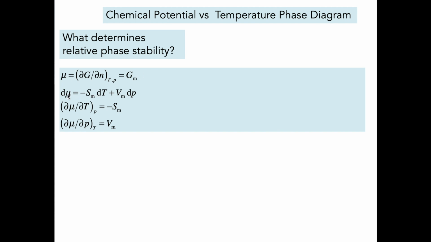And we know how the chemical potential changes with respect to changes in temperature and pressure, right? The partial derivative of chemical potential with respect to temperature, when we keep pressure constant, is equal to minus the molar entropy. How the chemical potential changes when we change pressure is related to the molar volume.